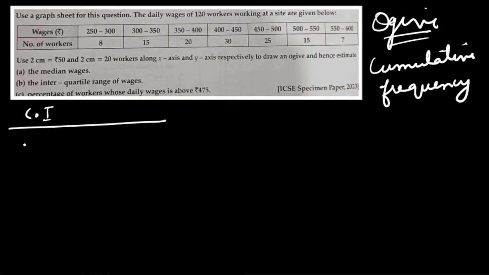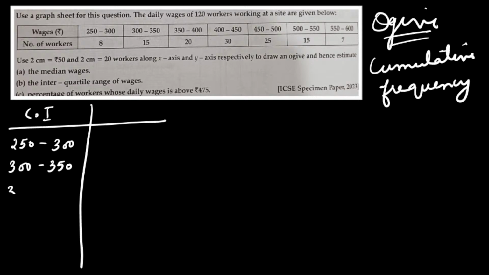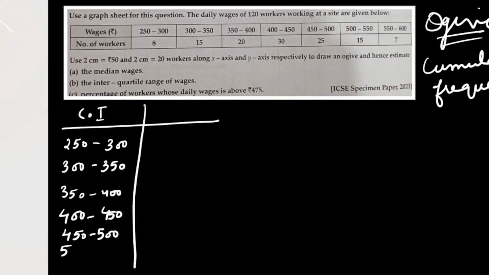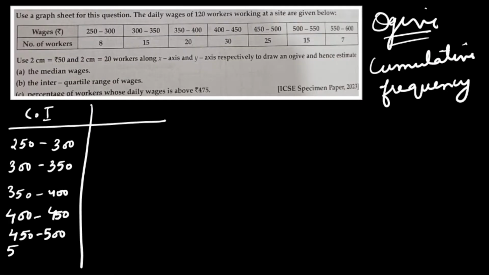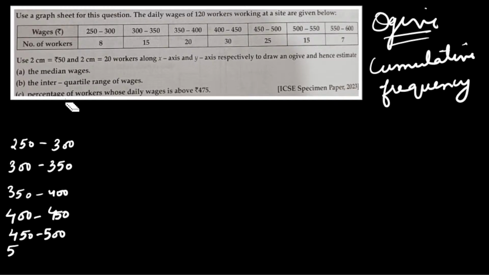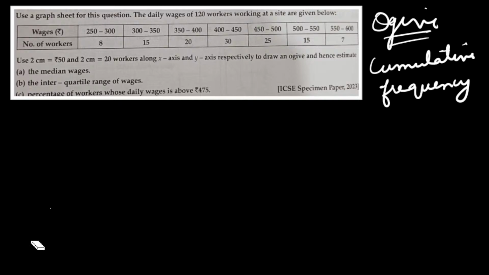So class intervals: 250 to 300, 300 to 350, 350 to 400, 400 to 450, 450 to 500. One second, I need more space here. I'll just write once again.